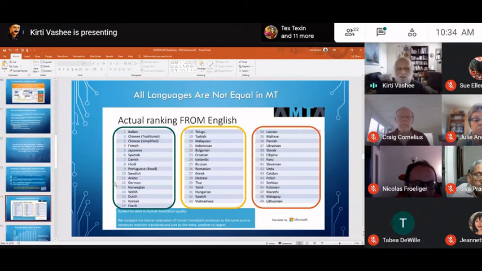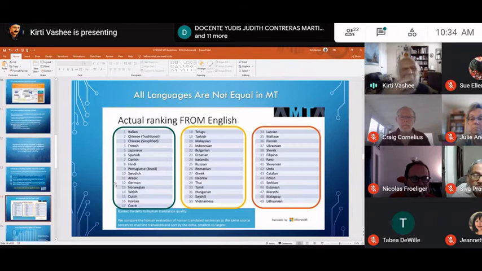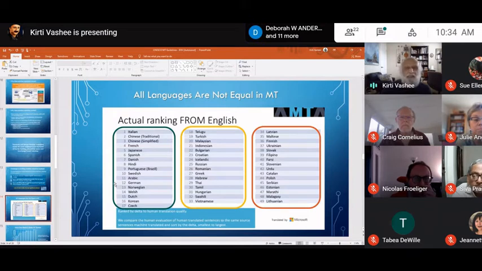When you just throw any Wikipedia article at it, or any news story, or a government document, a UNESCO government document, at the machine translation systems, the odds of it producing a reasonably useful translation that will at least give you an understanding of it is best on these green circled languages, and it's worst on these red circled languages.